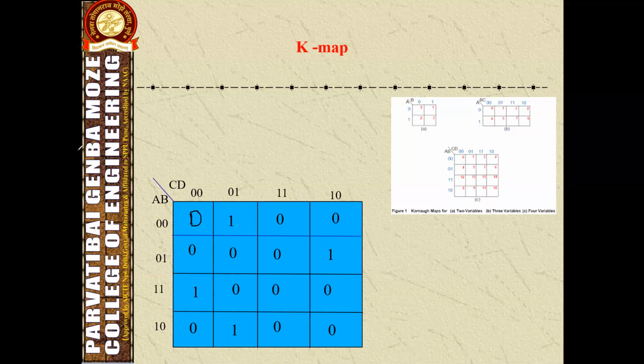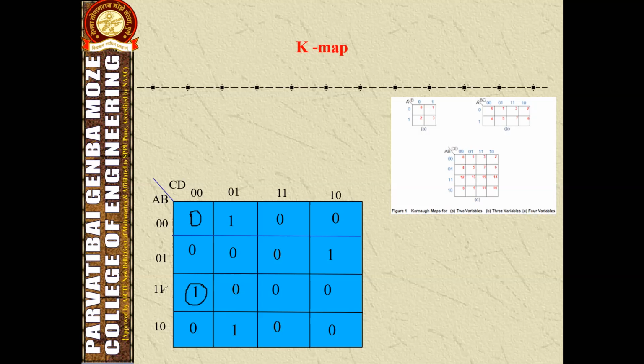So we have to start grouping. This 1 does not have a 1 at a neighboring cell, so we cannot group it. So we consider it as a single group.